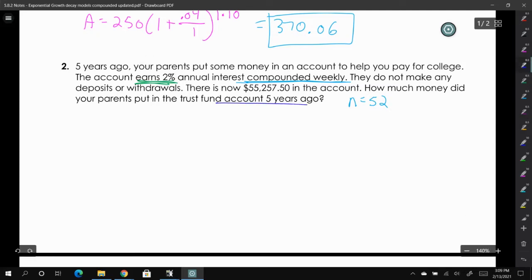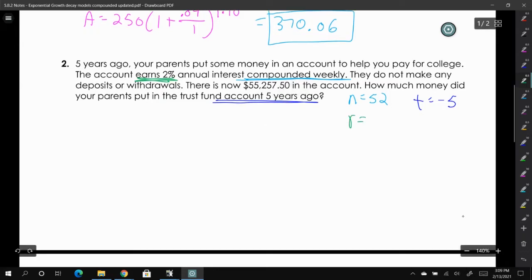So that part that says 5 years ago, that means t is equal to -5. Your r value is going to be 0.02 because that's what 2% is as a decimal.